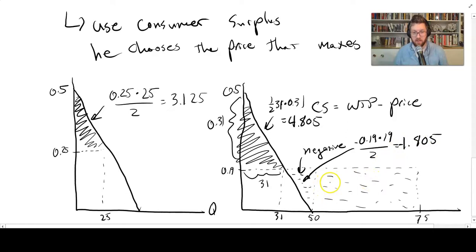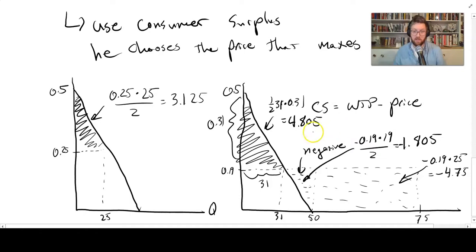And then this area here is a box with a height of 19 cents, because he's not willing to pay for the photos, so the whole difference between price and his consumer surplus on each photo is negative 19 cents. And he's buying 25 of these photos that he doesn't value. And the cost of that is negative 4.75.